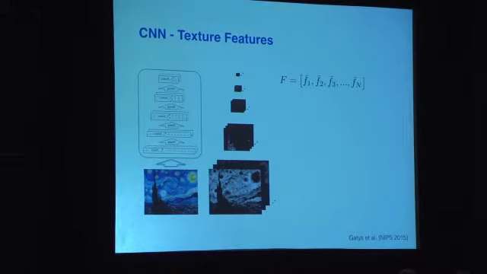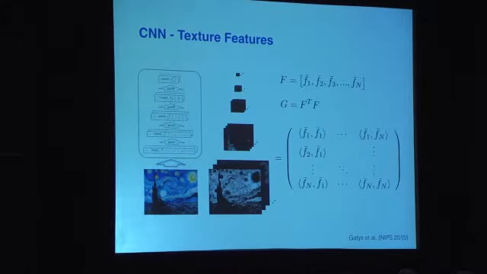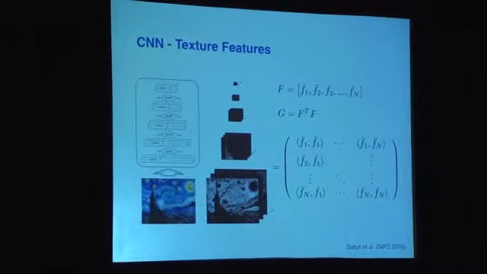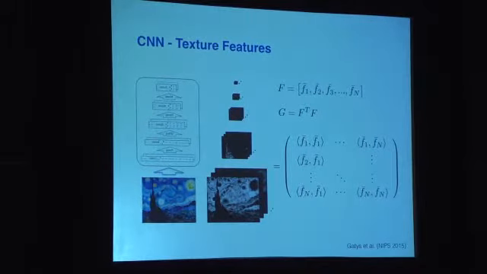If capital F is a matrix of feature maps in a particular layer, where each column is a vectorized feature map, then we just take the matrix of inner products, a correlation matrix, where each entry is a dot product between two vectorized feature maps, to transform the feature map representation into a texture representation that has lost all the information about the spatial content of the image.